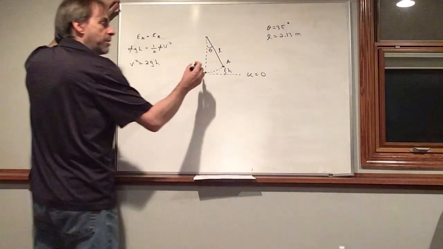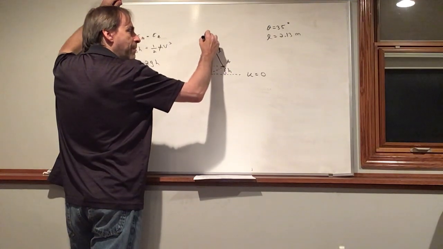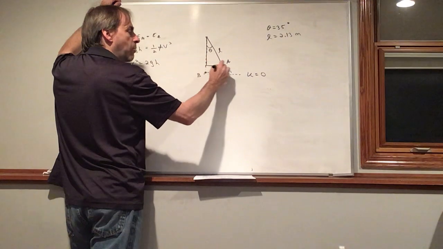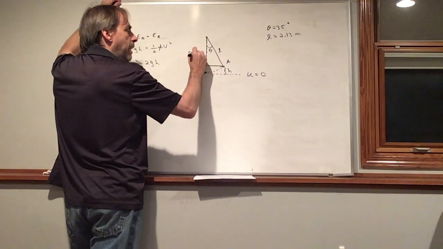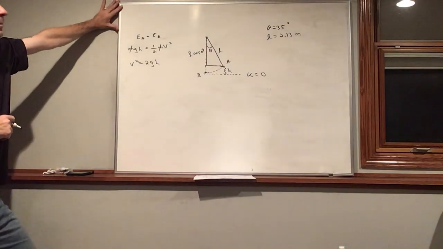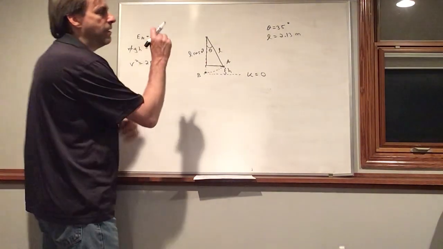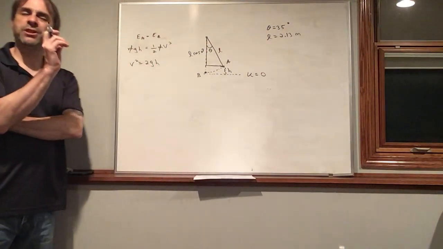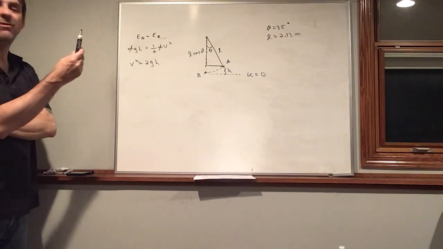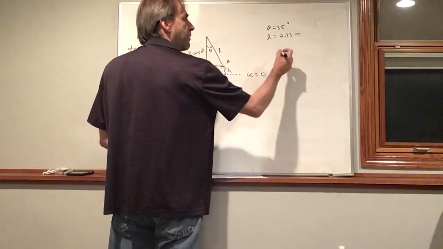So what I'm going to do is draw a horizontal line here. Now we have this triangle. And we can say this side of the triangle is L cosine theta. Let's calculate that. L cosine of 30 degrees, that's one of those special angles, is around 0.87. We should be a little bit less than that. I'm going to say 0.85 for cosine of theta.